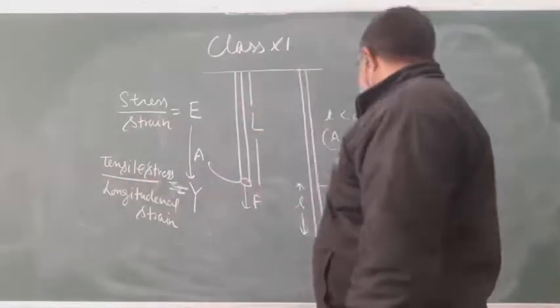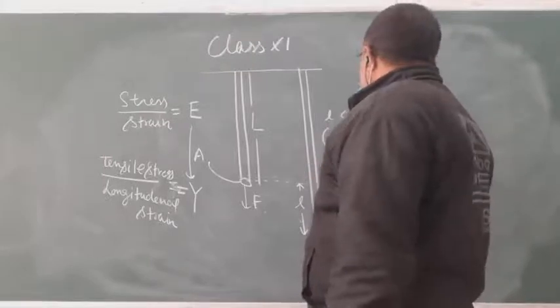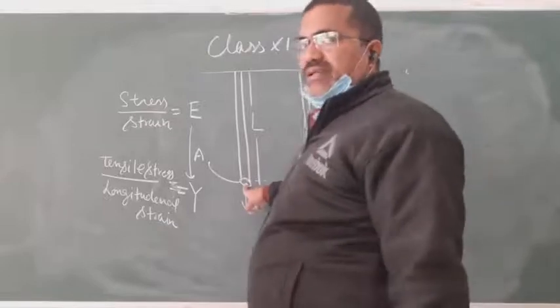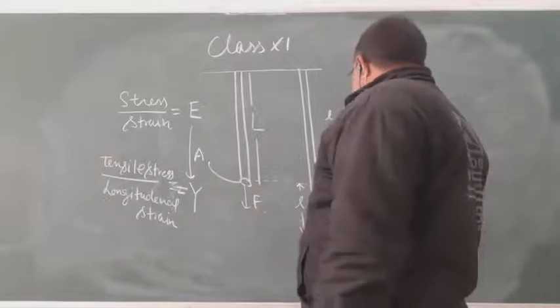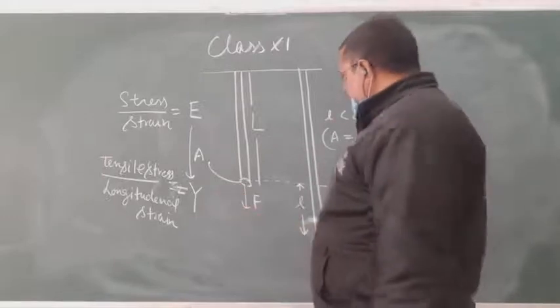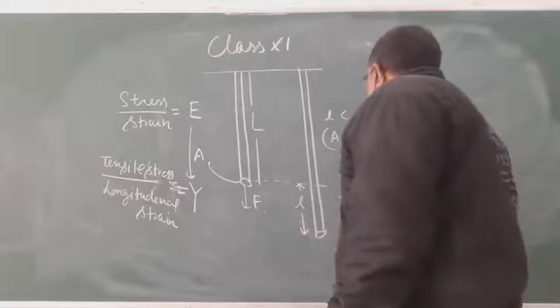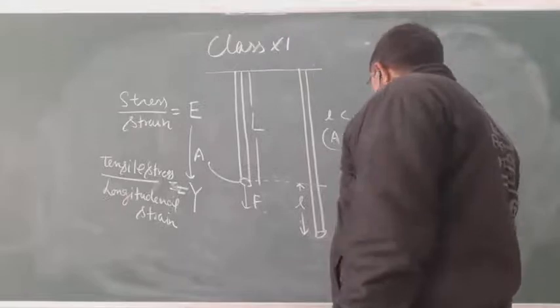So you can say here stress equal to force upon area, where A is the cross sectional area of the wire, F is the deforming force. So this is tensile stress, and longitudinal strain is change in length upon original length. So change in length is small l and original length is capital L. So this would be Young modulus.